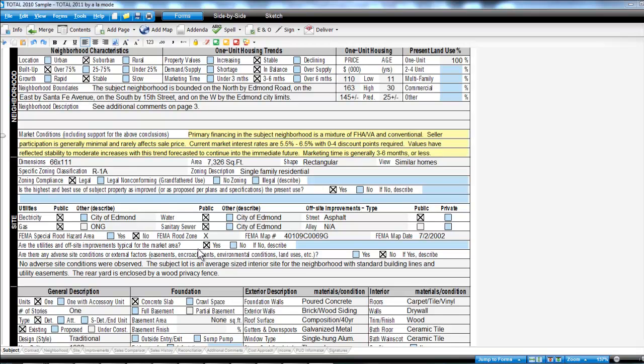If they are, yes. If no, then you may need to discuss if that's going to have a significant impact on the value of the property or the desirability of the property, the ability to market it again for the lender in this case. And then a chance here to talk about any adverse conditions or external factors.